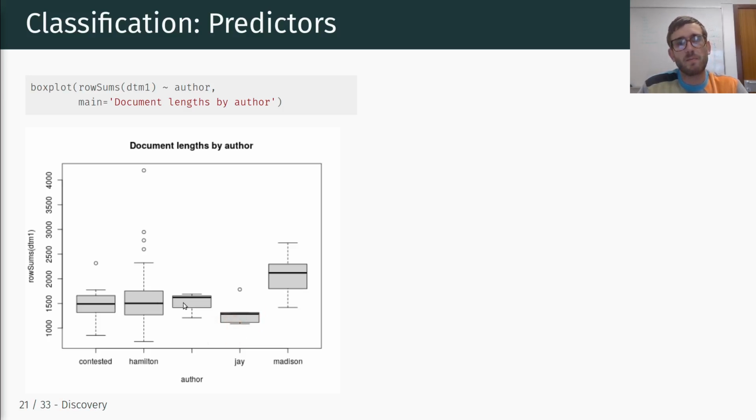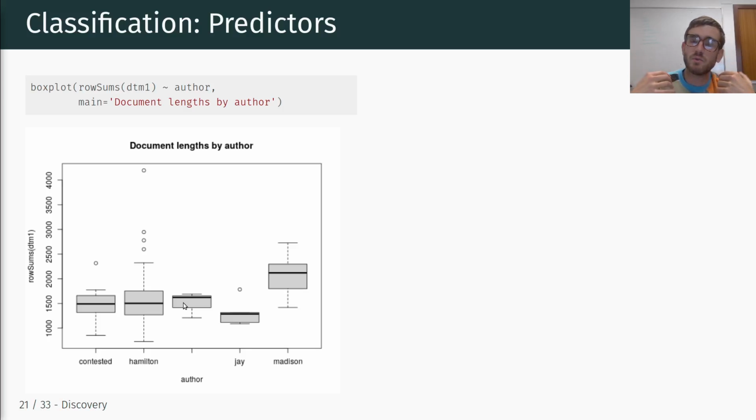And so that means if we use raw counts, then these raw counts could be essentially biased or not directly comparable between documents, because certain documents just contain a larger number of words overall, right?